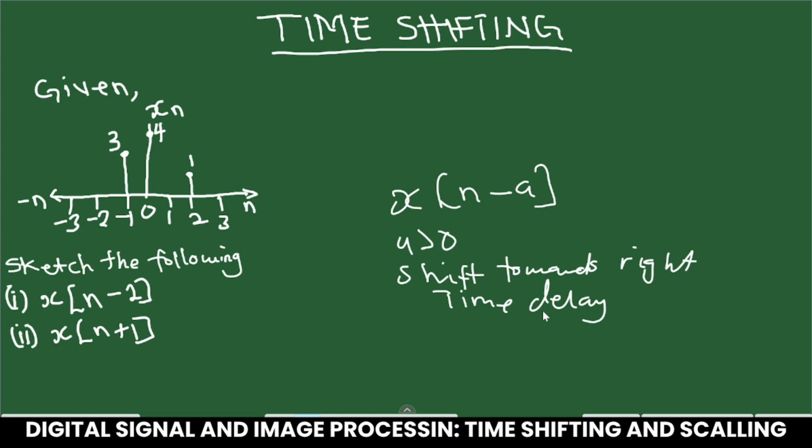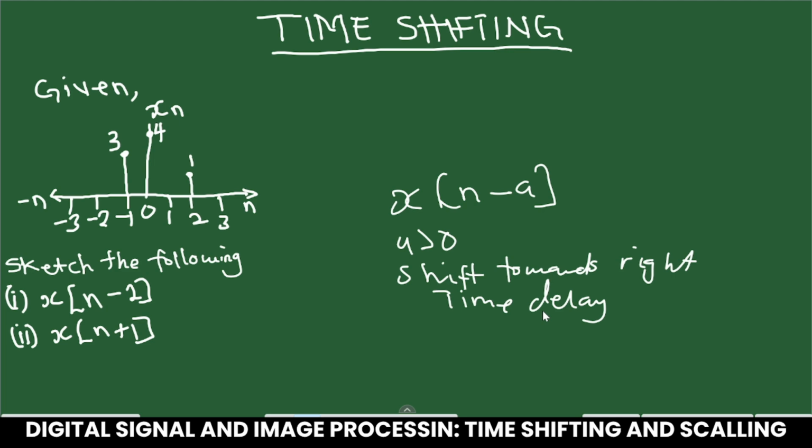Time delay is when a particular signal you were supposed to see or experience, let's say at 7 a.m., and later you are seeing it at 8 a.m. It has been delayed by 1 hour. A practical example can be with the microphone.